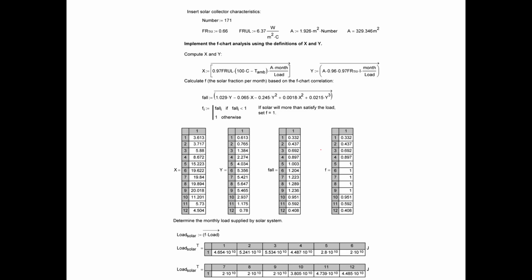Next, you would compute your X parameter and Y parameter, again, on a monthly basis. And then you can go ahead from there and calculate what your fraction load is, knowing that for the summer months, in this case, May through September, you want 100% of the total water heating requirements to be provided by the solar system.